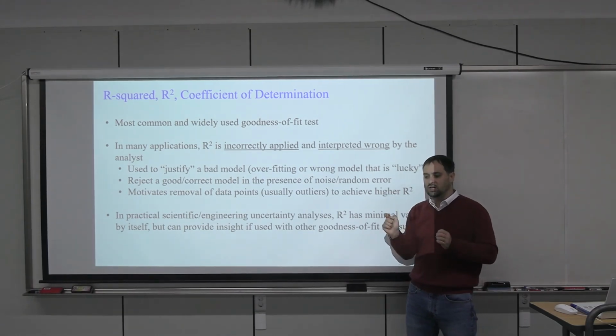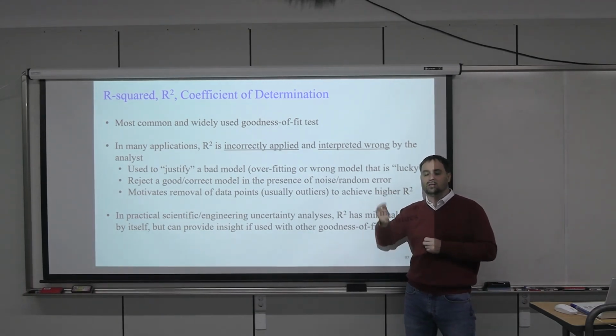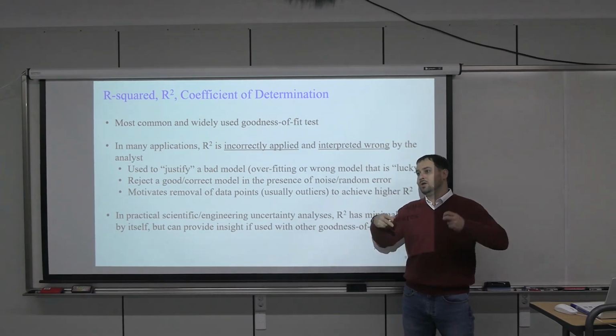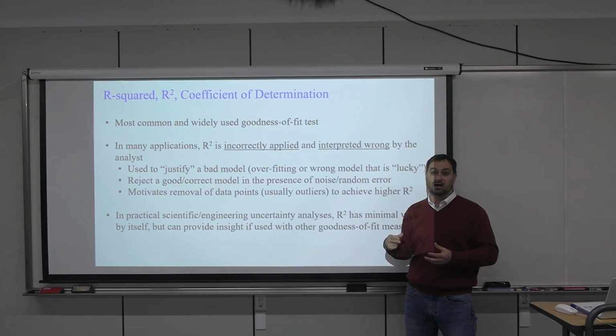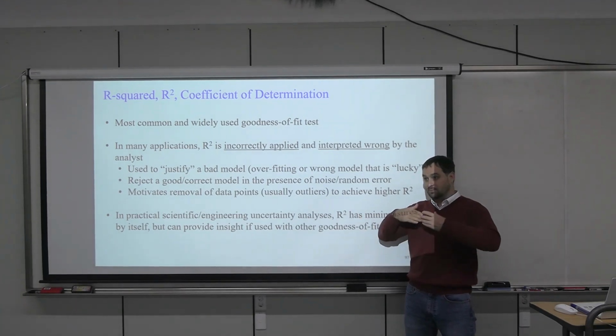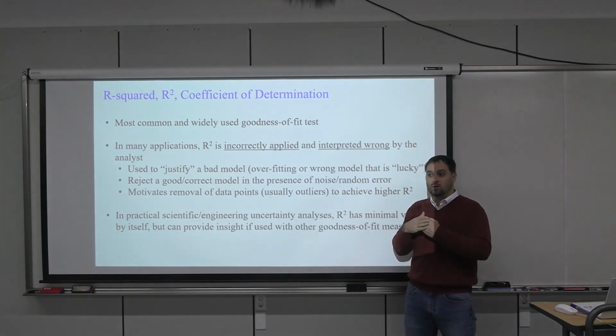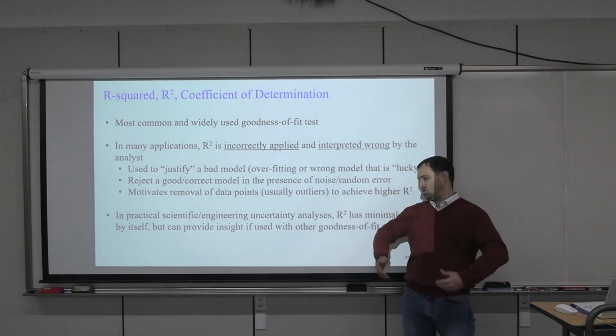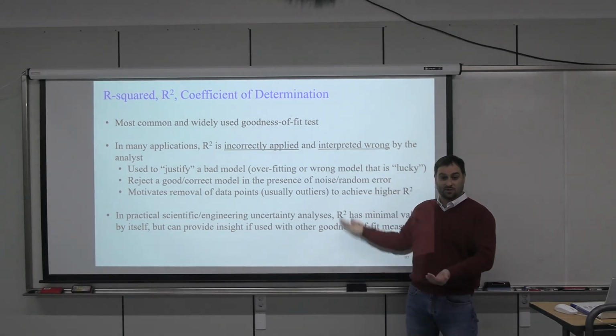I think I said this several times, I'll keep stressing this: you only remove a data point from your data set if, one, it's not a true member of the population under study, or two, there's an identifiable corruption in the data. Some sort of transcription error, or you know that the measurement equipment was broken, and we determined that after the fact.